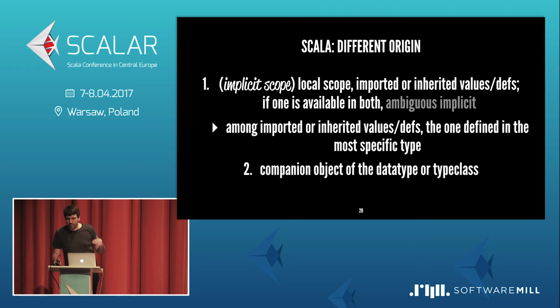Then, once we have figured that out, we also need to look at what happens if we have instances in multiple origins for the implicit resolution in Scala. And so, first of all, the Scala compiler will look in implicit scope, which is the local scope, so anything it's been defined in the current or parent block.